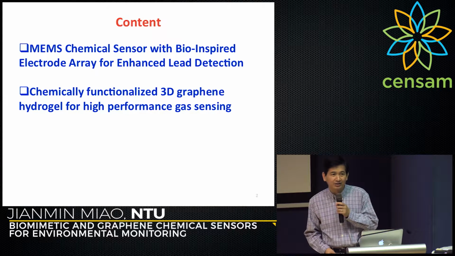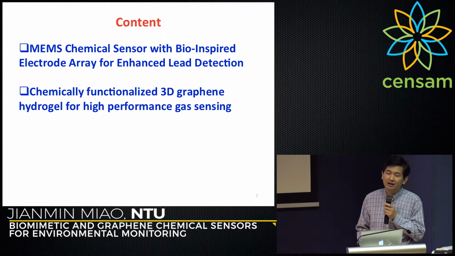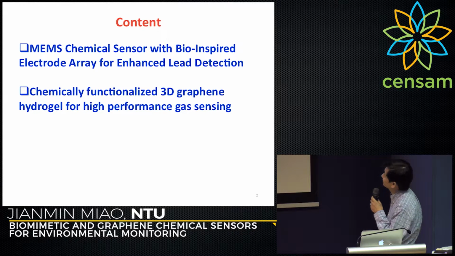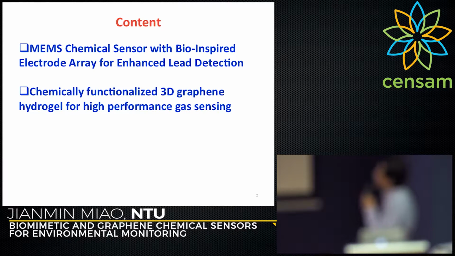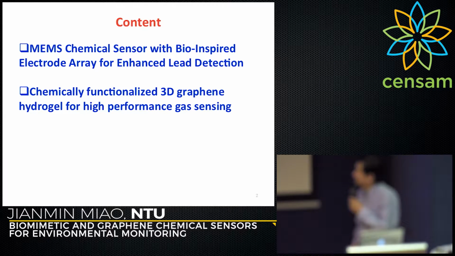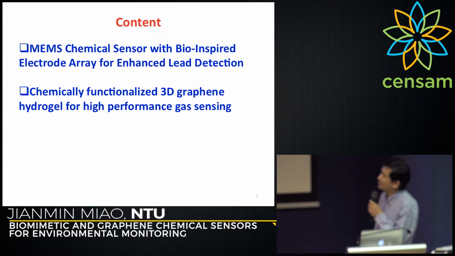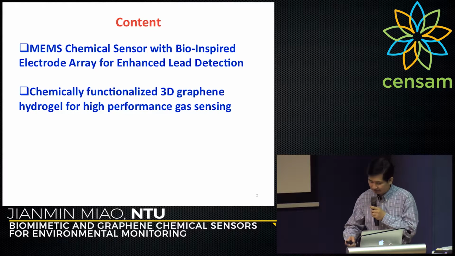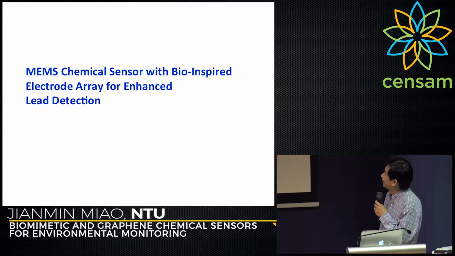Of course, we can also detect other heavy metal ions like copper and zinc as well. The second sensor is based on chemically functionalized 3D graphene hydrogel for high performance gas sensing. And this is the first sensor I'm going to present.